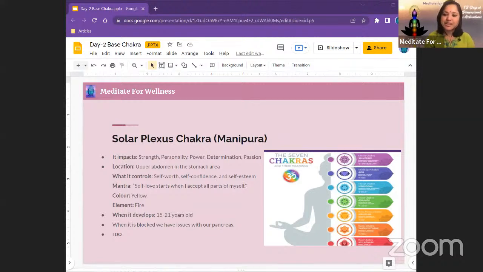If we get failure, if we get success, that is how we create a block here, or we bring balance into it. If we are able to face it in a healthy way, we are good at the development of this chakra. And when it is blocked, we have issues with our pancreas. So the organ that gets affected is the pancreas, which is located right here.